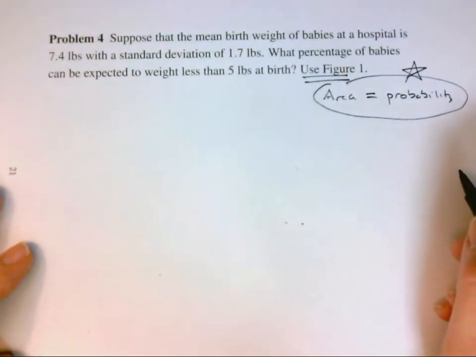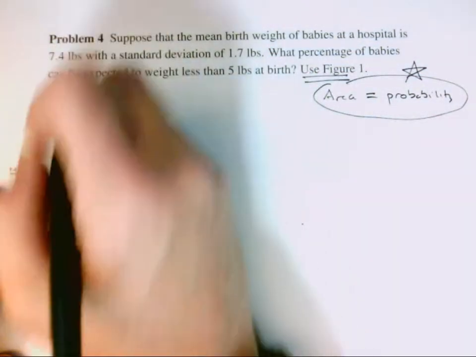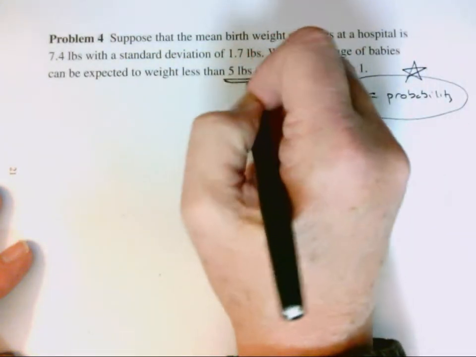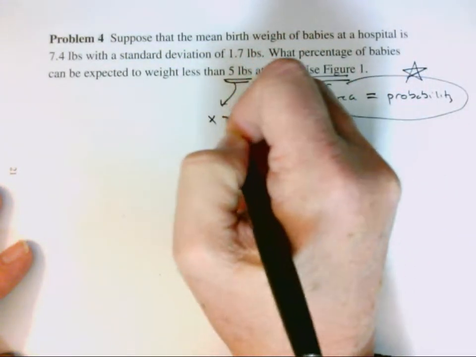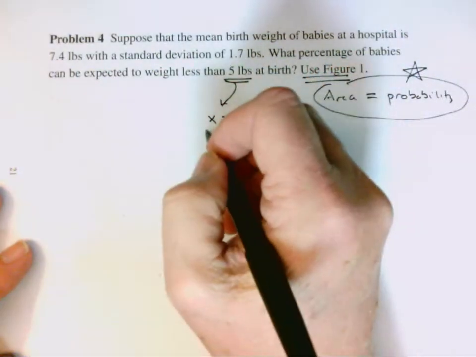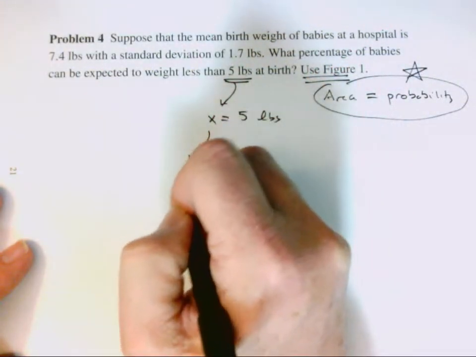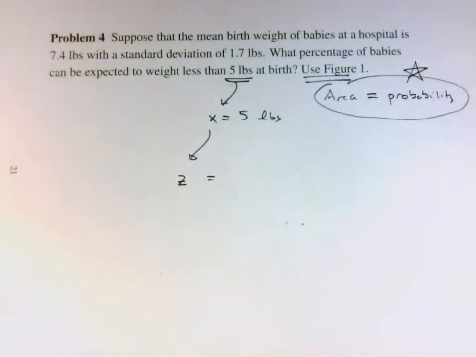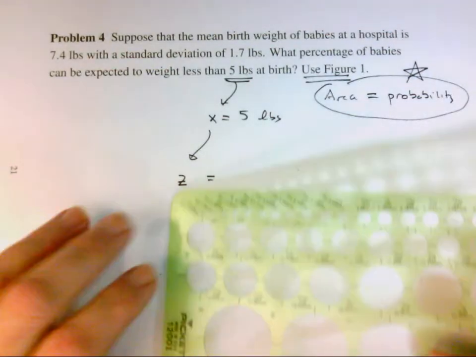Well, in order to use that figure, we have an X value of 5 pounds, but we would like to convert that to a Z value. We want to be able to, like with Alice and Dale, find out exactly where we are relative to all the other data.